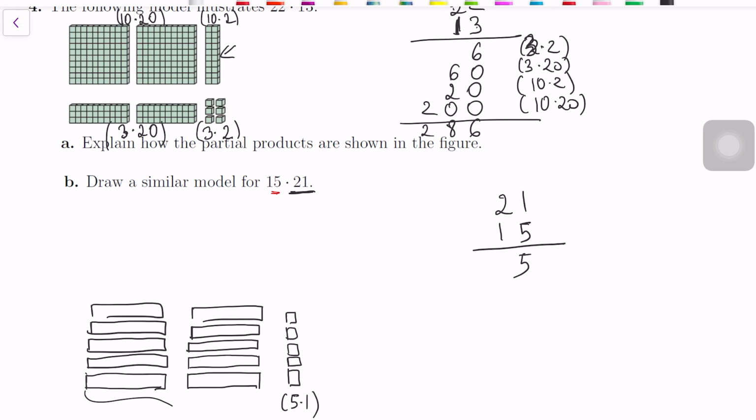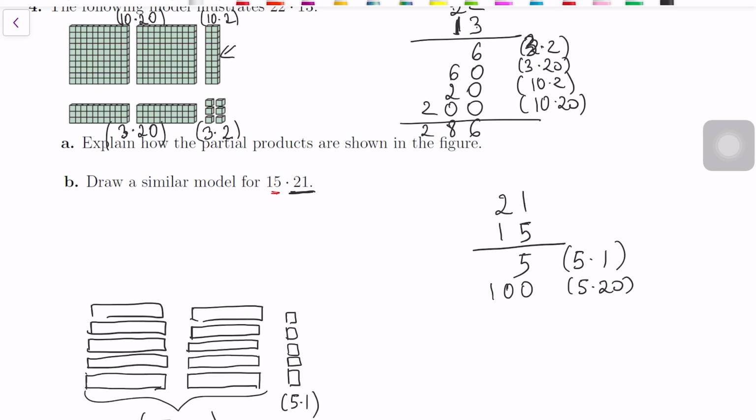So now this corner, that's 5 times 20, 2 longs. 20 is 2 longs multiplied 5 times. Okay, so that's 5 times 20, which is 100. And this is 5 times 1, okay.